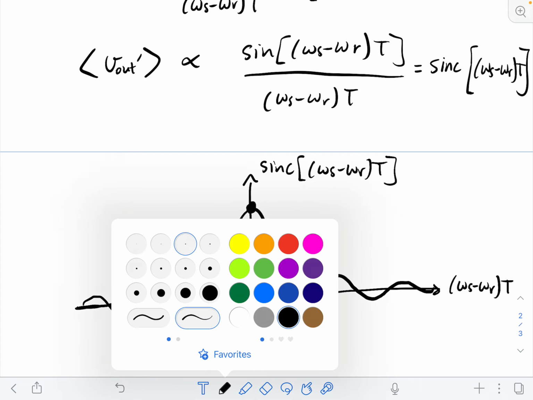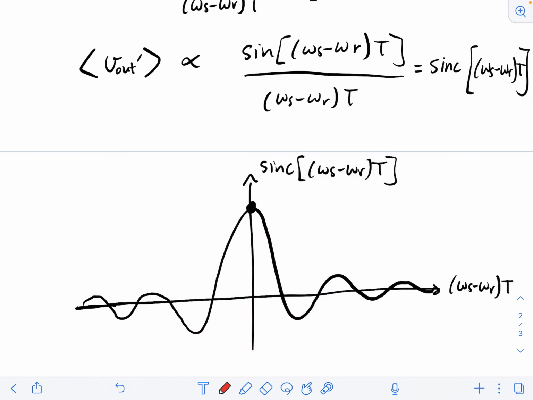So we could try to characterize roughly the range of frequencies that are accepted by the lock-in detector by finding this width, the width between the zeros, or perhaps better, the width between the zero and the vertical axis. So perhaps this width. And that width defines approximately what frequencies are detected as being significant by the lock-in detector.